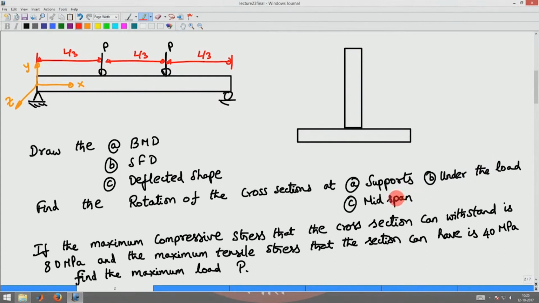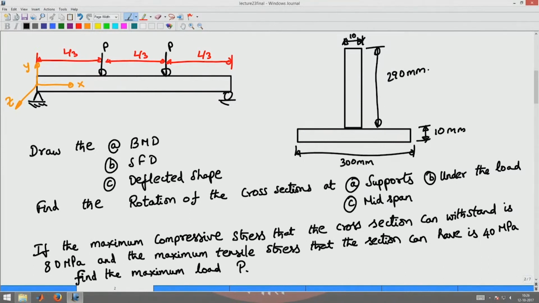Also, I assume that this beam has a cross section in the form of a T with dimensions: the width of the flange being 300 mm, the thickness of the flange being 10 mm, the thickness of the web being again 10 mm, and the depth of the web of the T being 290 mm.